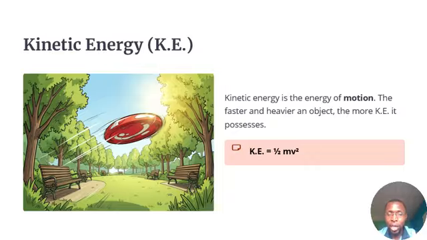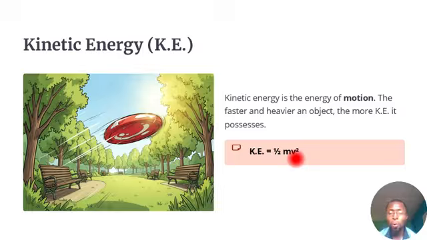Kinetic energy is the energy due to motion. When an object is moving, that type of energy is known as kinetic energy. By formula, kinetic energy is equal to half mv squared, where m is the mass of the object that is moving, and v is the velocity of the object that is moving.